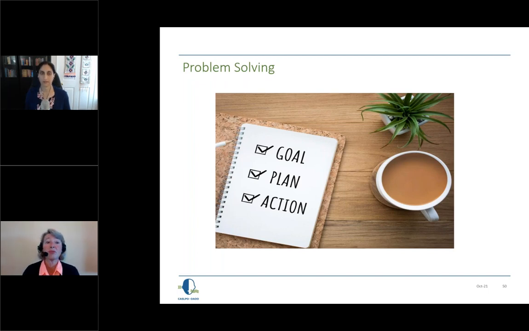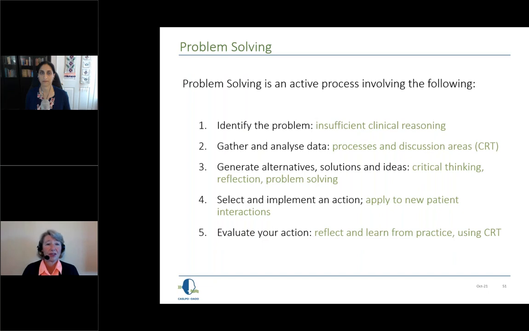And then finally, problem solving. So looking at problem solving as an active process. First of all, you want to identify the problem. Obviously, today we're discussing insufficient clinical reasoning. You want to gather and analyze data. You're going to use the processes that you've identified between you and the discussion areas. It could be that the intervention, the screening and assessment was an issue, or it was the discharge and follow-up.